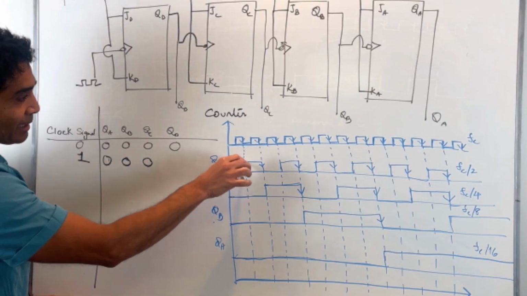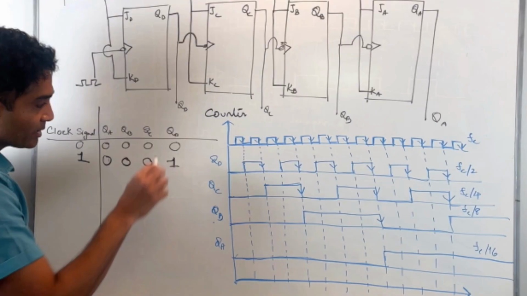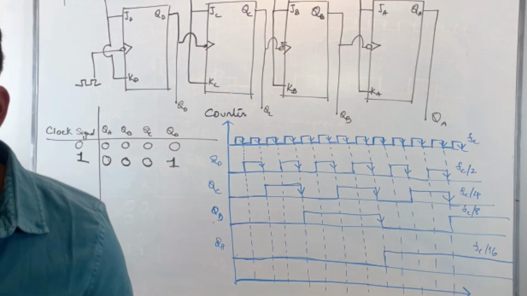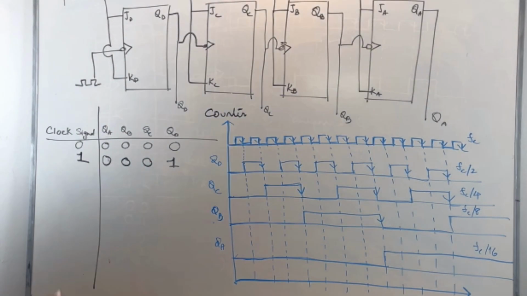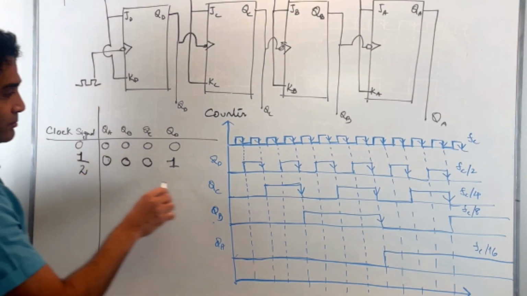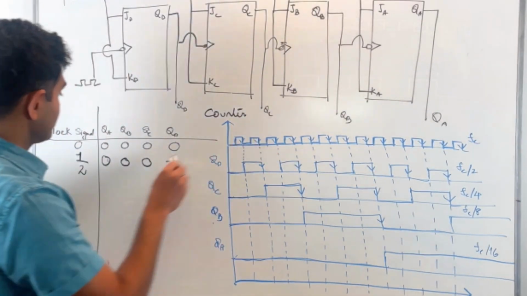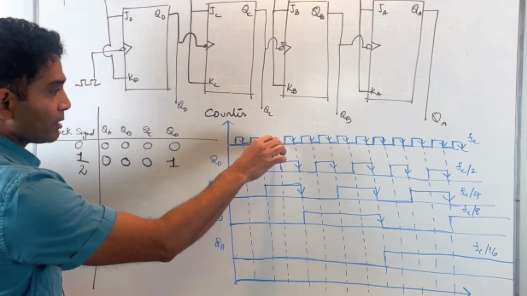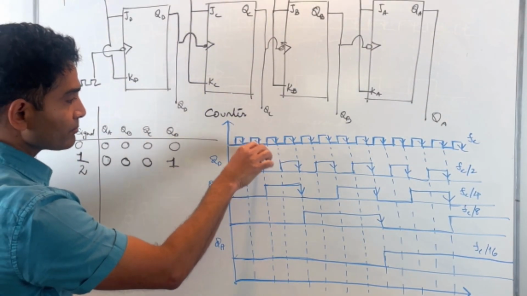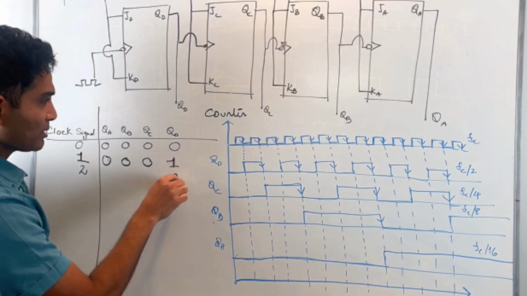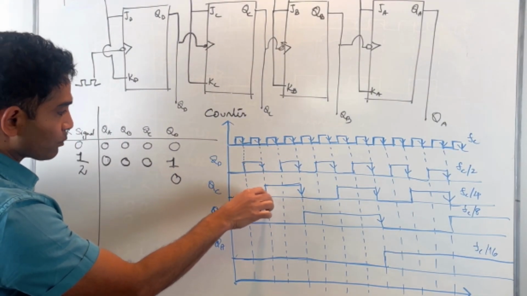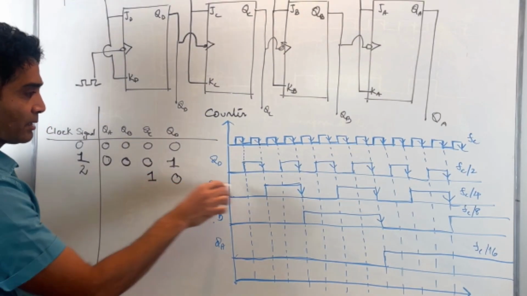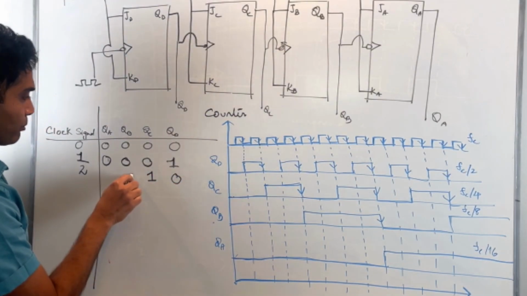My QD became 1. So except QD, everything was 0. On the second active edge, my QD became 0, my QC became 1, and then QB and QA are both still 0.